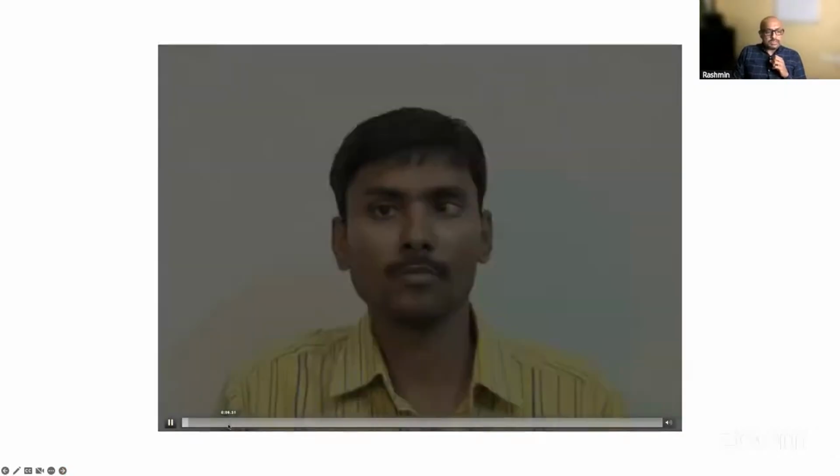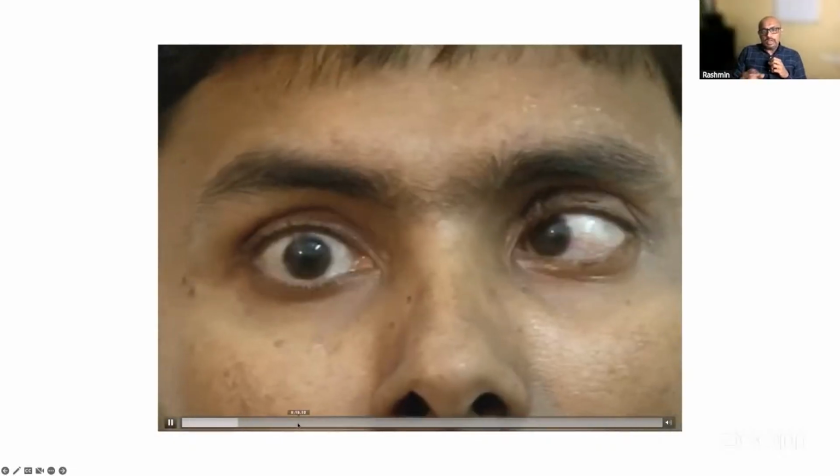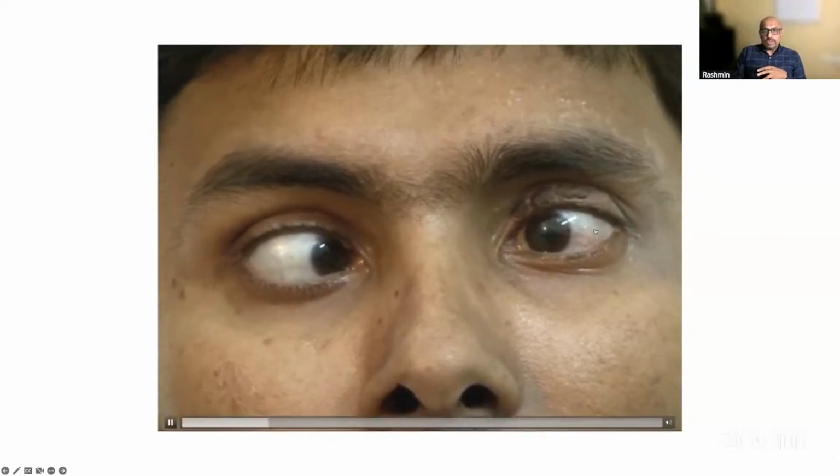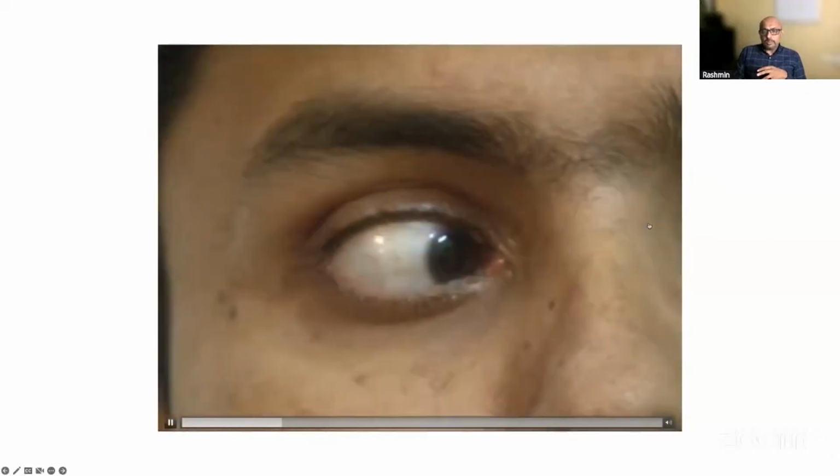Now let's look at some cases and see where corneal reflex testing would have helped us differentiate or localize the lesion, because that's the central point of the talk. Here is a young man who was complaining of diplopia in the left gaze. Looking to the left, there is a complete loss of abduction of the left eye, and in the right eye there is nystagmus.